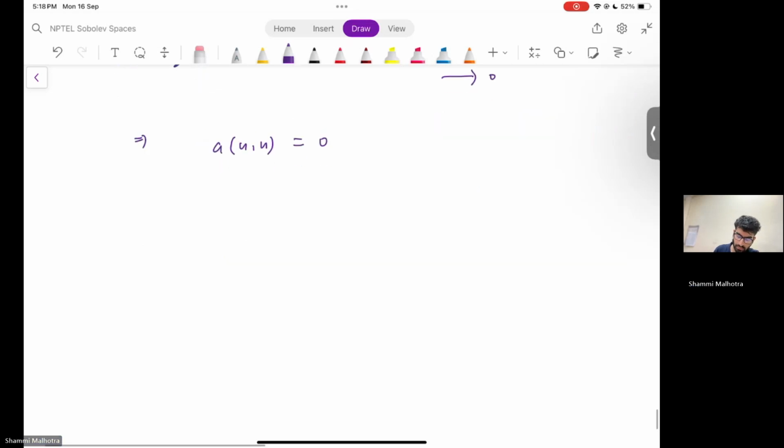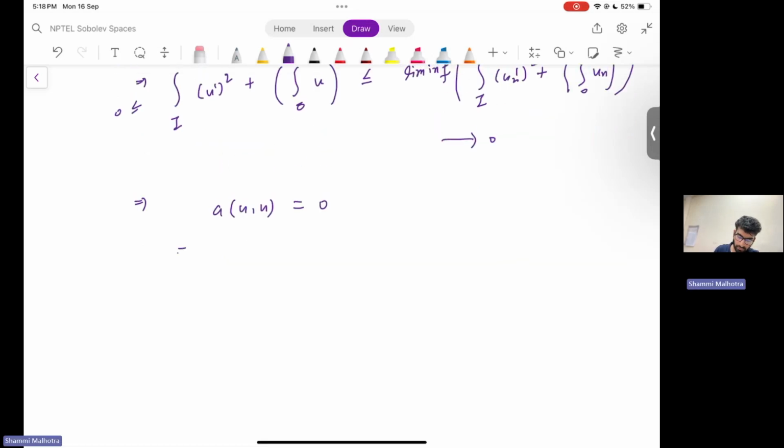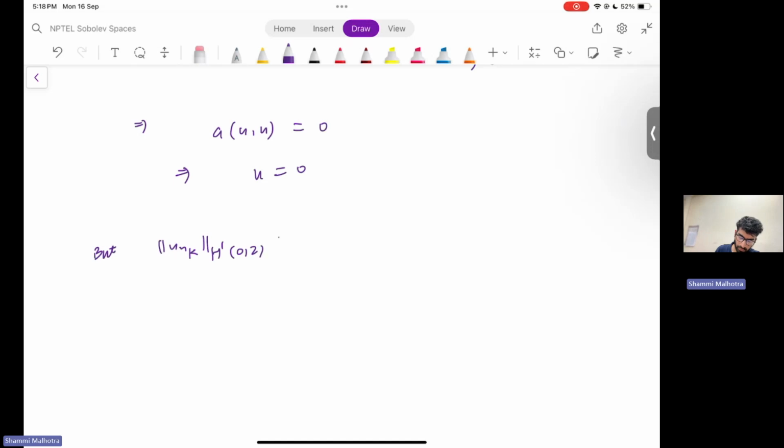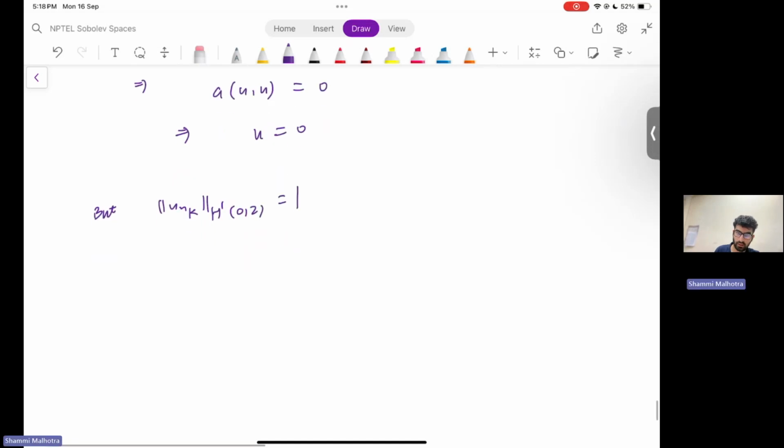And once that is the case, we have proved that Au is 0 implies what? That implies u has to be 0 only. But since u is 0, and moreover, we know that u_nk has H1 norm on 0 to 2 equal to 1, right? So what this implies?